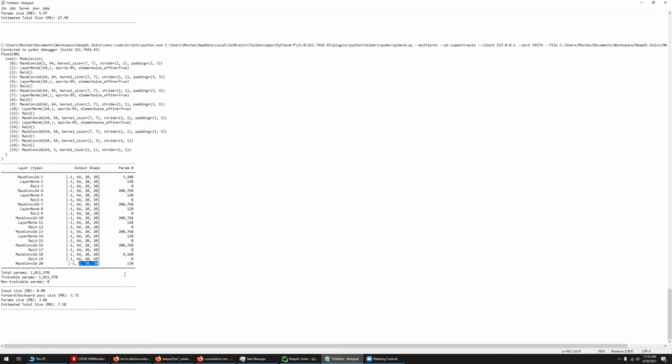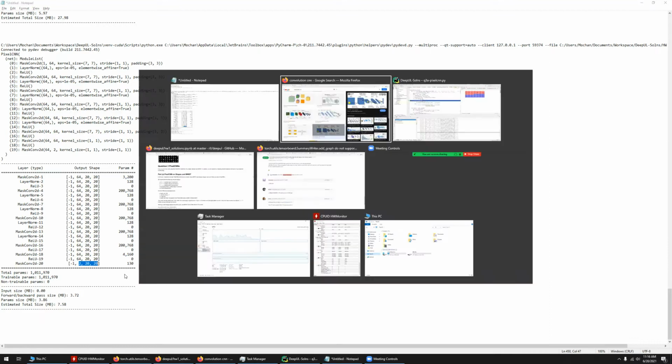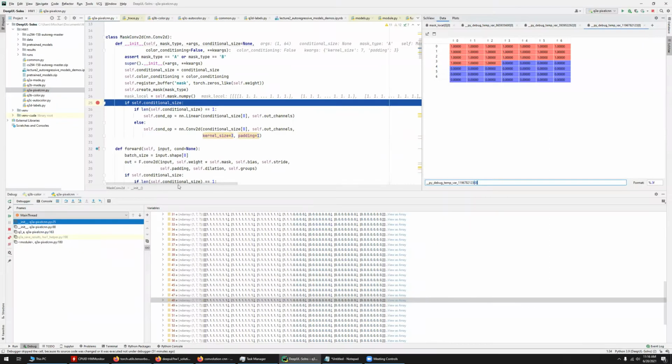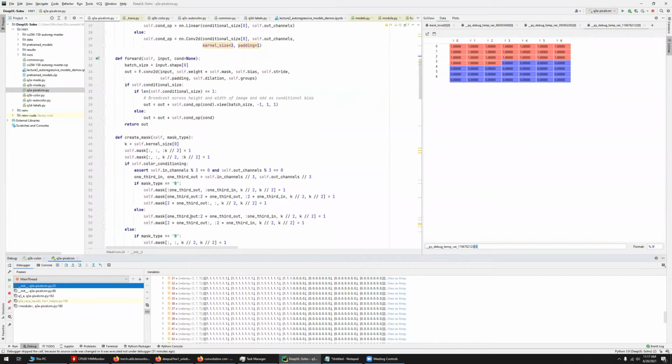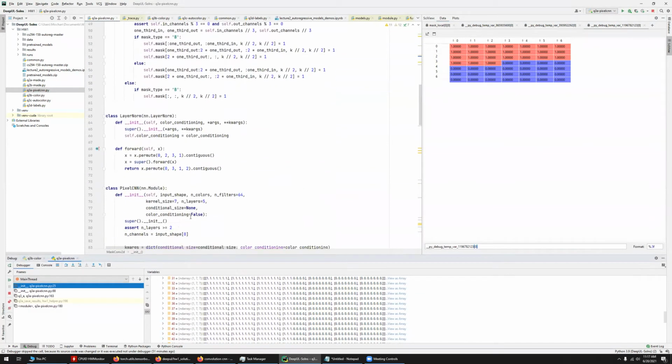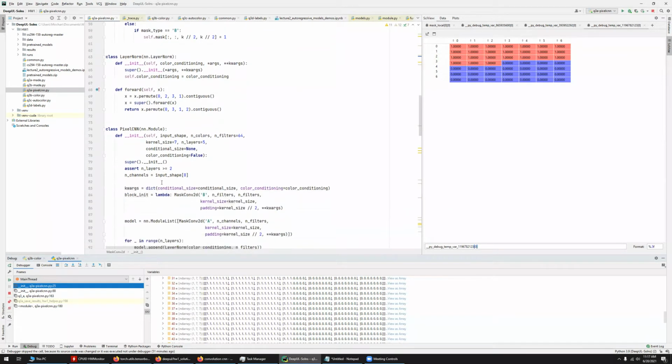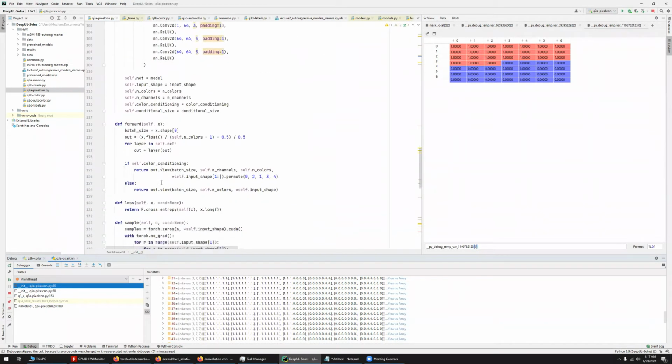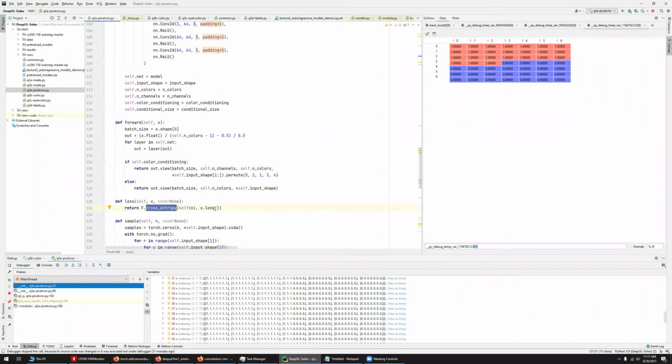And I think that's how PixelCNN works. Everything else is exactly the same as MADE. So the forward is just PixelCNN. Everything is the same. The loss is the same, just cross entropy.